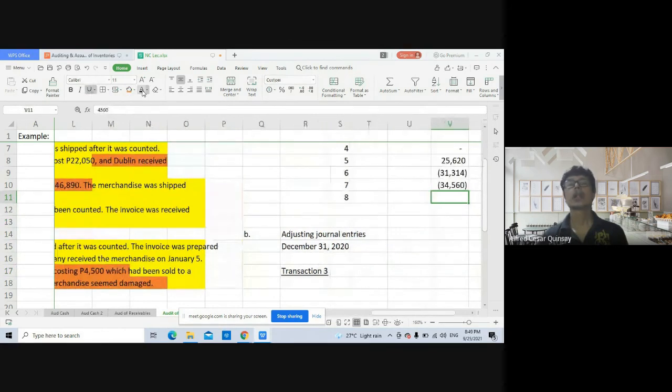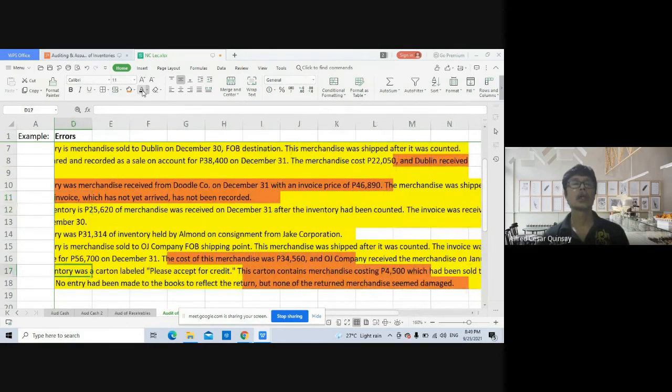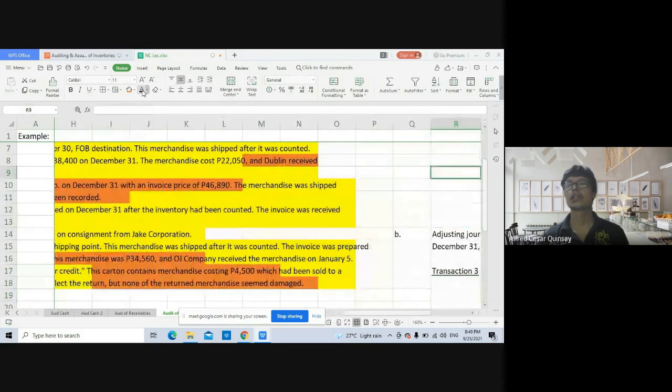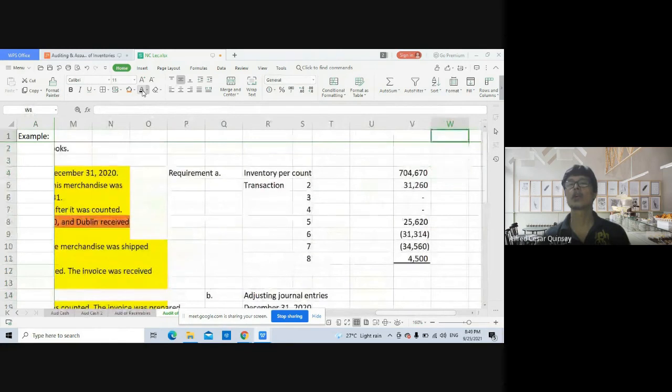Number 8, add 4,500. And for the returned merchandise. Okay? So I guess we don't have any more adjusting data. So we can compute for the correct inventory.